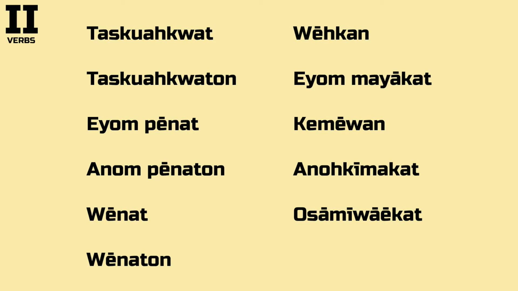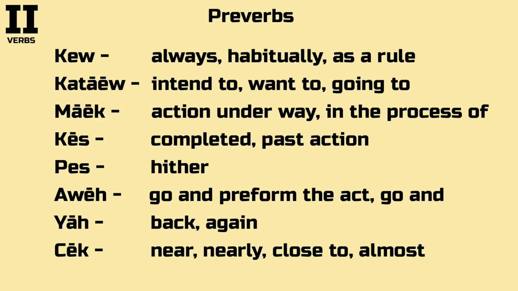We also have what are called pre-verbs, and pre-verbs effectively modify verbs in certain ways. Specific to this curriculum, case, mac, kato, or past, present, future, they're effectively pre-verbs that modify our speech.